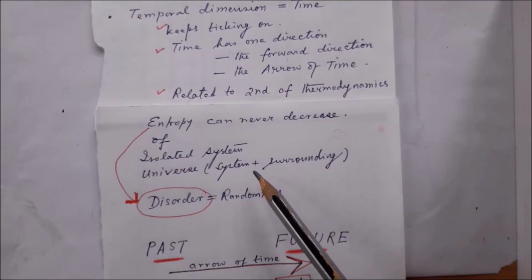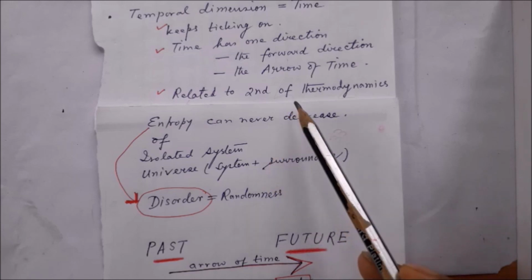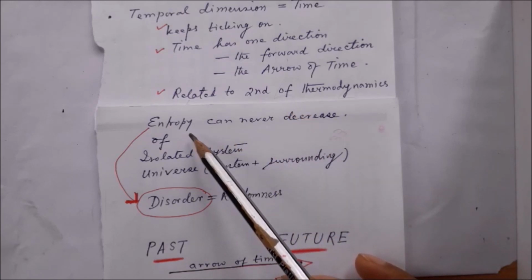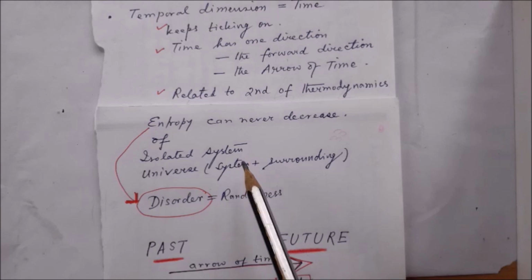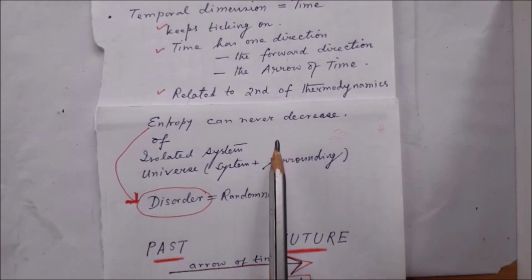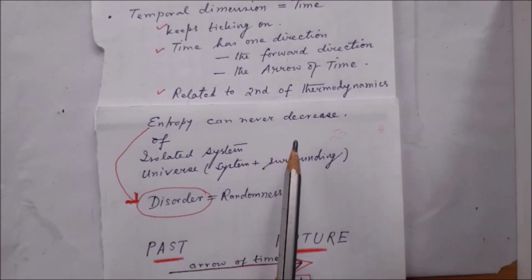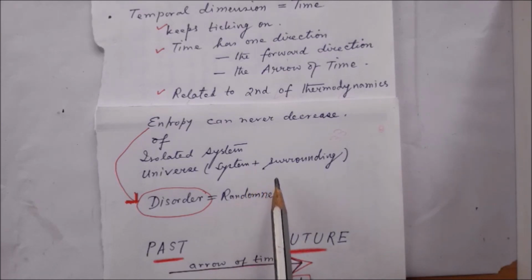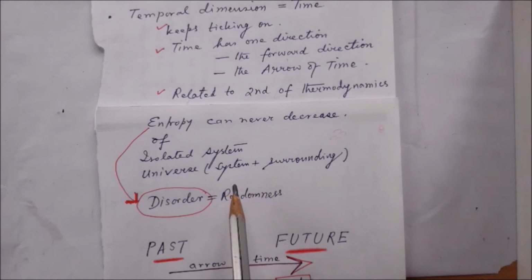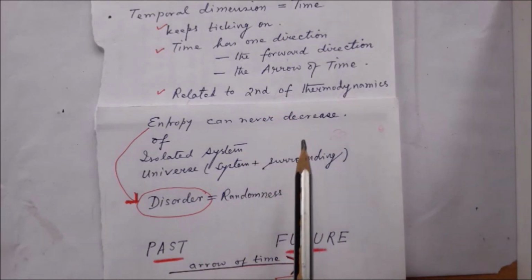This unique nature possessed by time reminds us of another quantity you do in thermodynamics class, namely entropy, which also does not know to get smaller. It always increases for an isolated system. If system and surroundings are taken together, the entropy refuses to decrease. This is called the second law of thermodynamics.